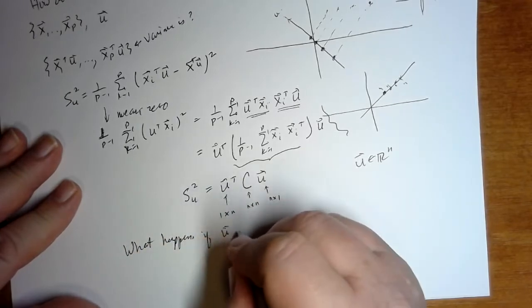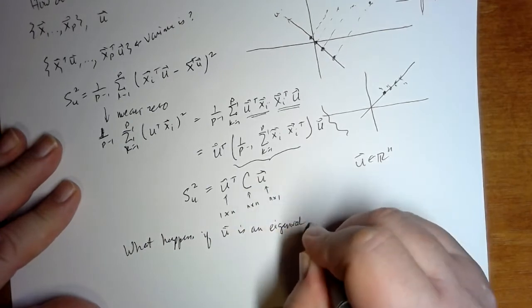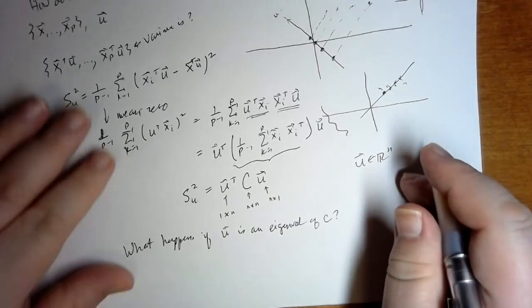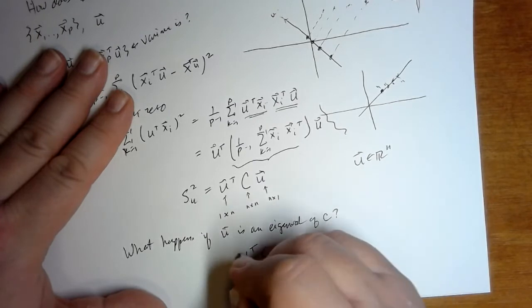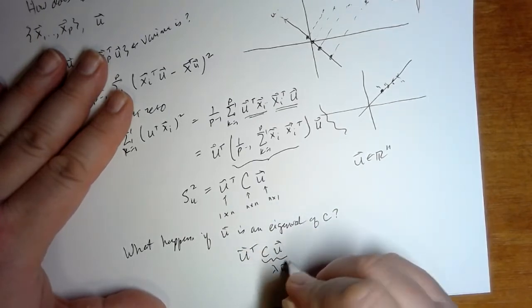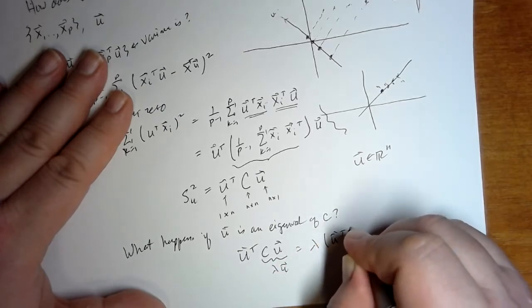So what happens if U is an eigenvector of C? Then what does U transpose C U become? C times U is just lambda times U, right? So that's going to be equal to lambda times U transpose U. What's U transpose U?